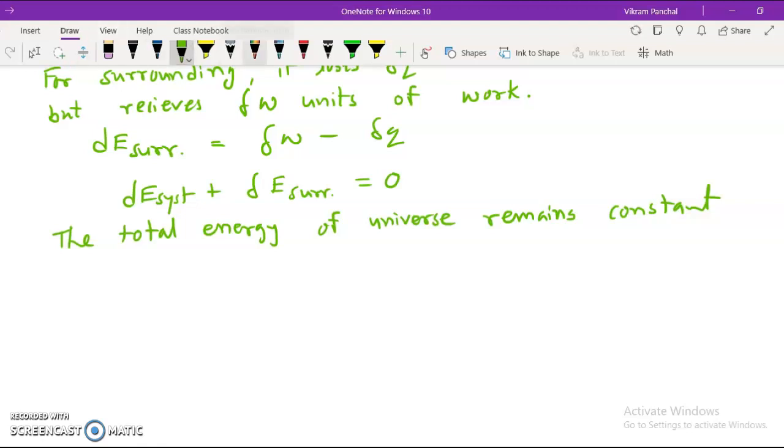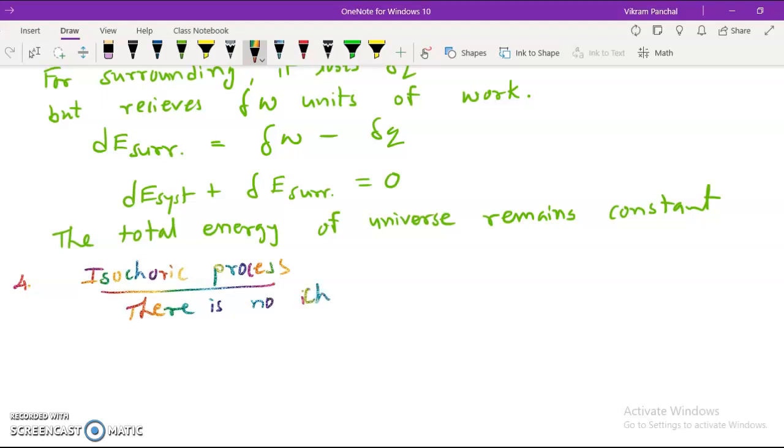The next system is called the isochoric process. So the next process is the isochoric process. Here in an isochoric process there is no change in volume.